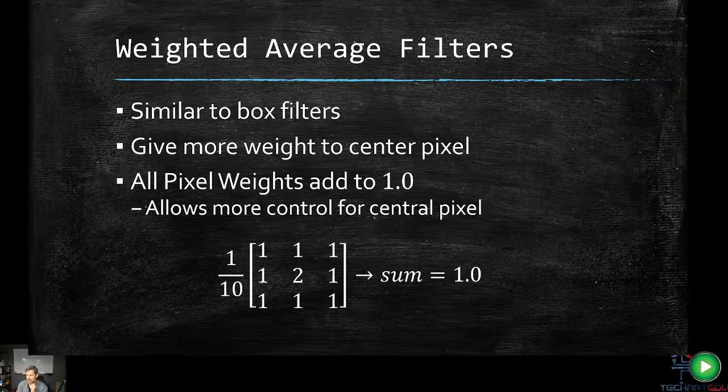And it kind of looks like this. If we're going to multiply the color value of all our surrounding pixels, if it's a 3 by 3, by 1, and then multiply the center one by 2, then notice that when you add all these up, they're going to equal 10. So when you divide that by 10, 10 by 10, that equals a sum value of 1.